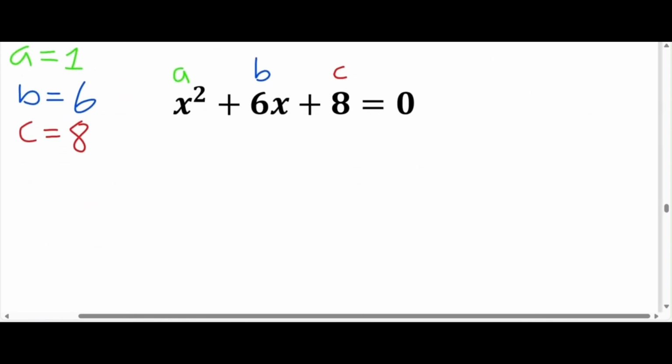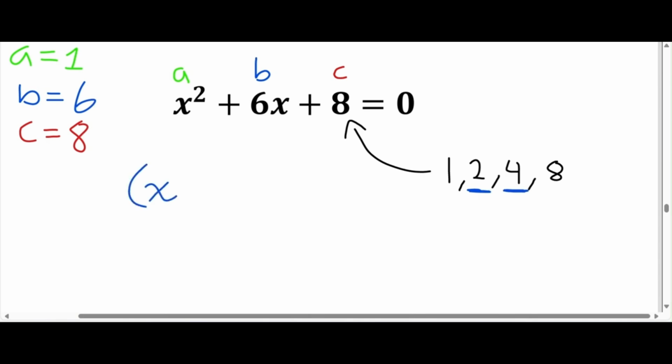So now, just like we did in the previous questions, we're going to be listing out the factors of the c term. That'll be 1, 2, 4, and 8, right? So there's 4 factors of 8 in total. And 2 and 4 is of particular interest because when 2 and 4 are multiplied, they equal 8, and when 2 and 4 are added, they equal 6. And that's basically it.